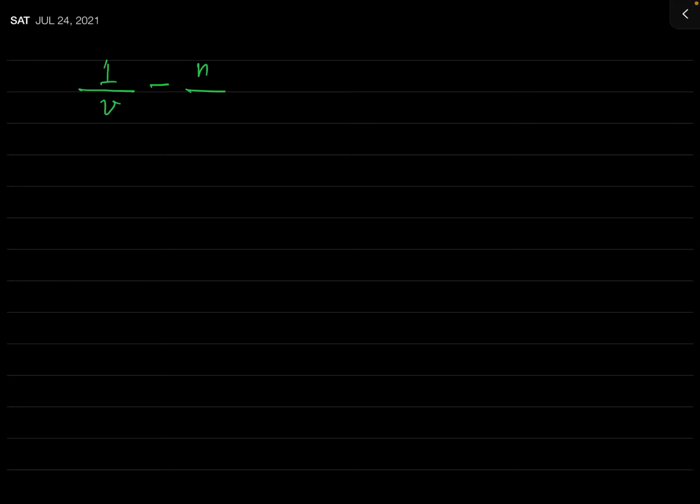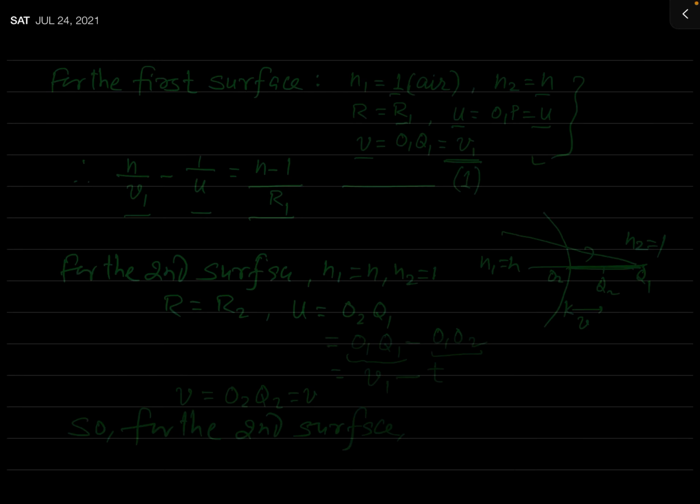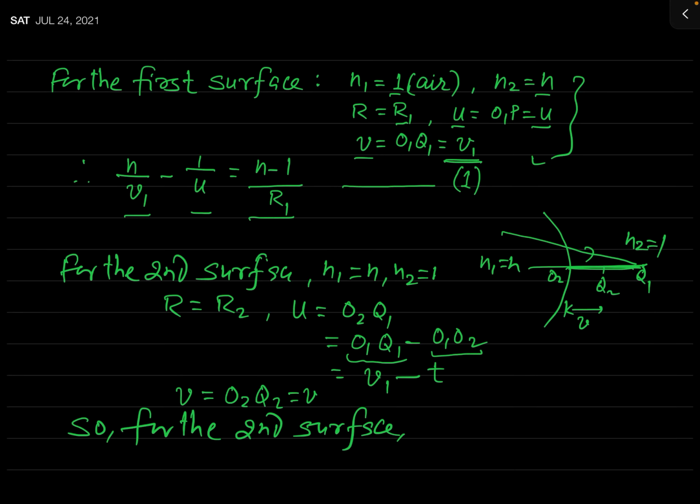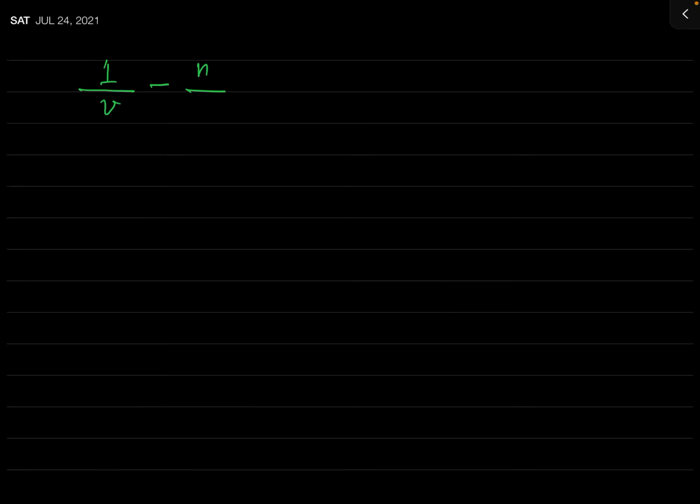U is equal to, we have considered that u is equal to V1 minus T. So this will be V1 minus T, and this is equal to N2 minus N1.